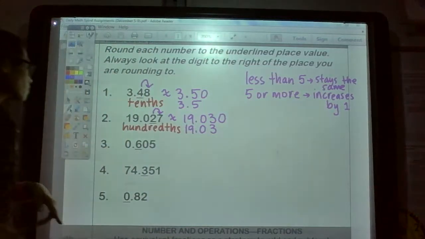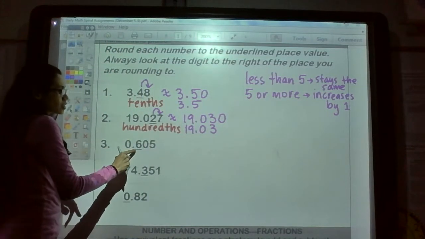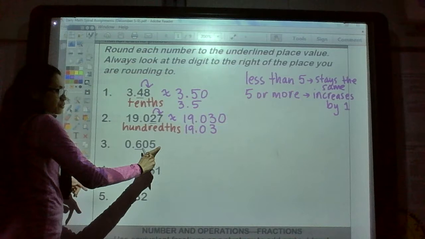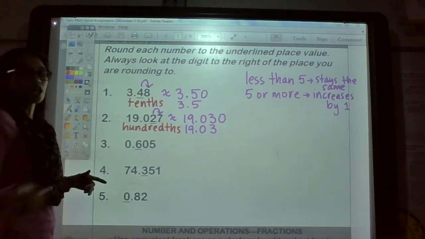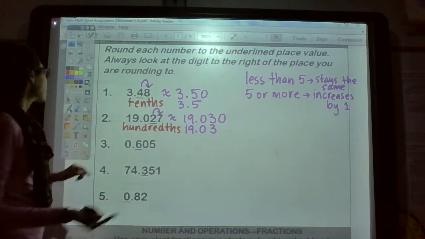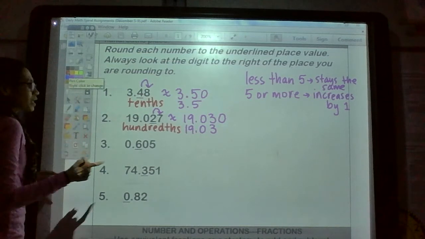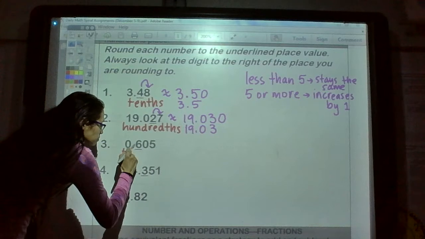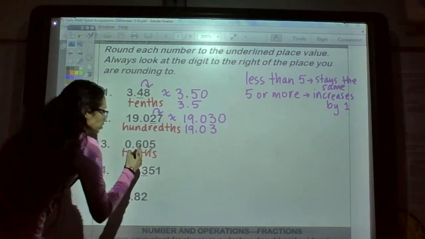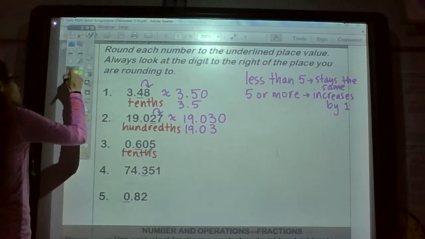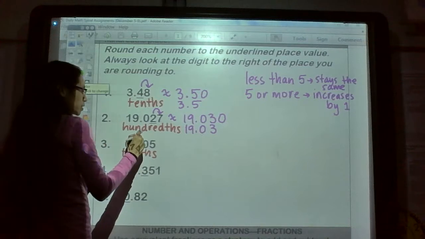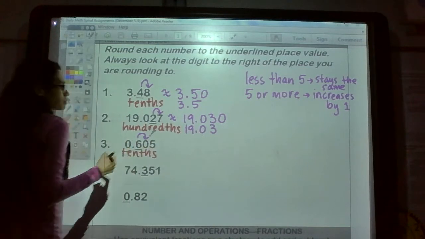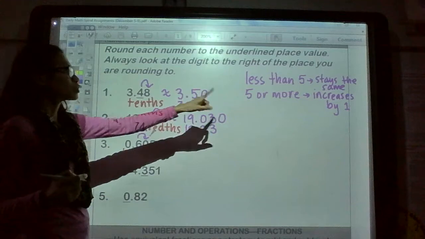Let's do number 3. Read this number. 605 thousandths. What number are we rounding? That's 6. And what's that place? That 6 is in the tenths place. And what do I do? I look to the right. Hello. Hi, 0. Look at that 0. Here's our rule.